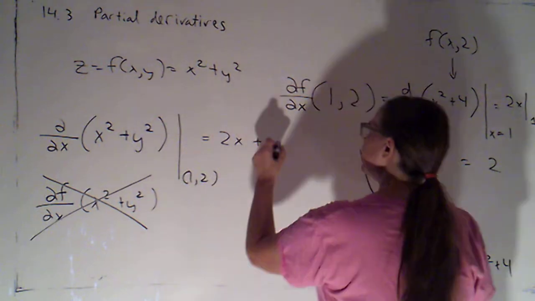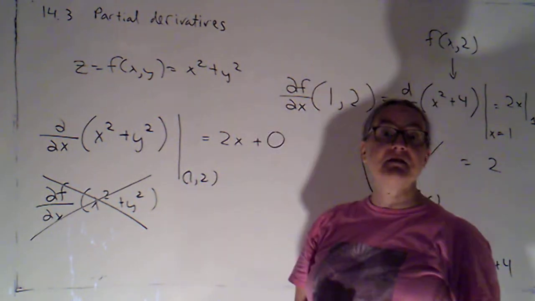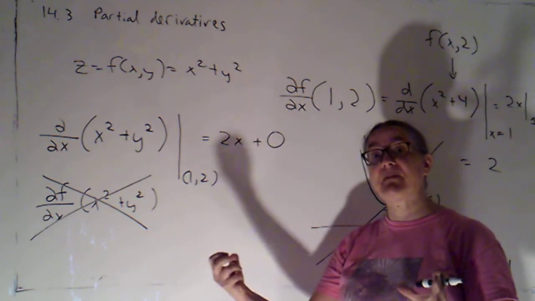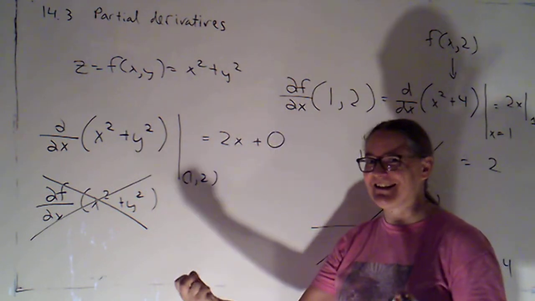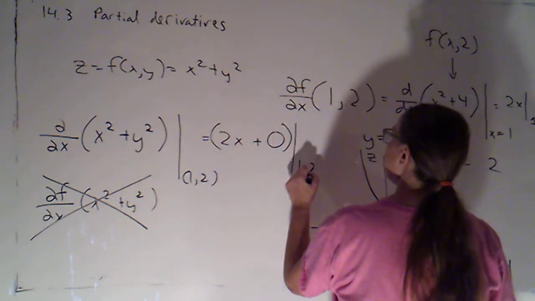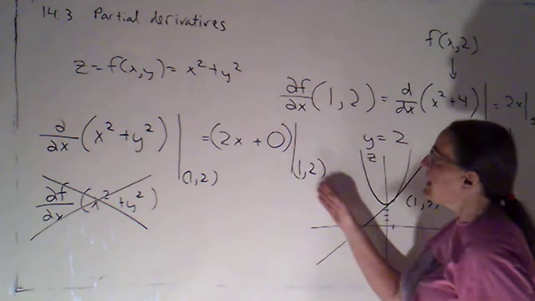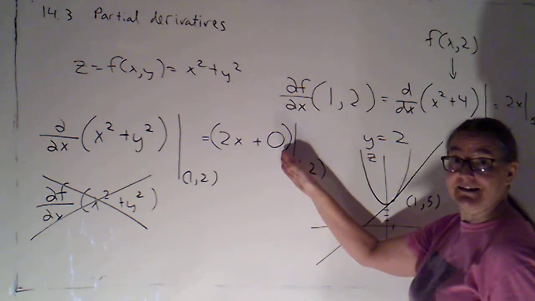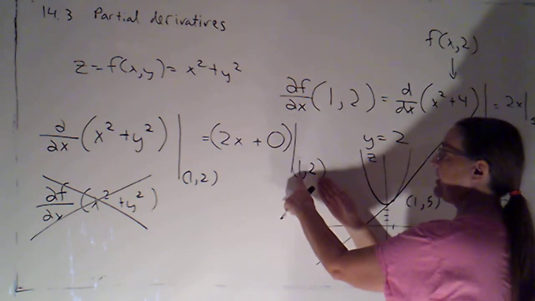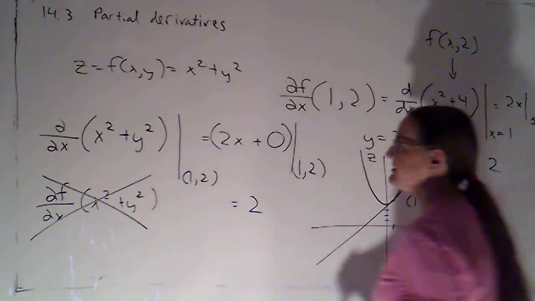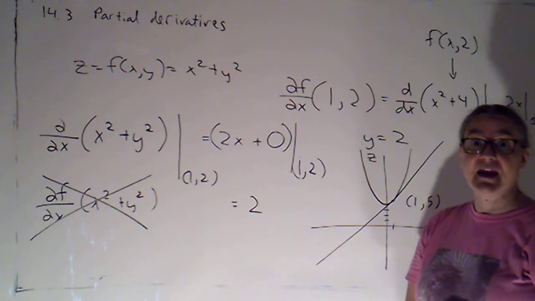So the derivative of that is going to be 0. So I'm treating it as a constant, but without specifying which constant it is. And then when I go to evaluate that at (1, 2), if there were any y's in my formula, in this case it turns out they've completely dropped out, but now I would be plugging in 1 for x and 2 for y, and so I would still get 2.